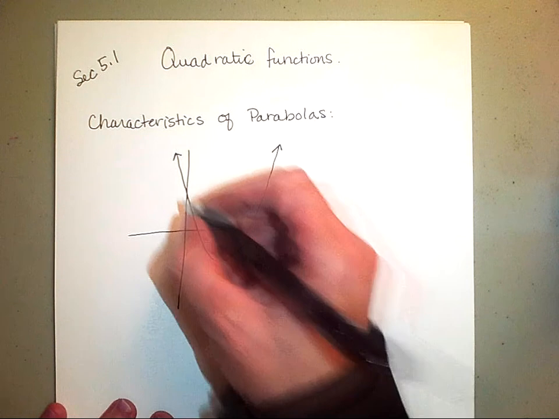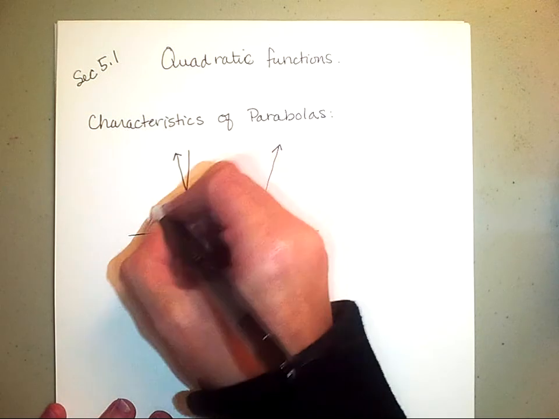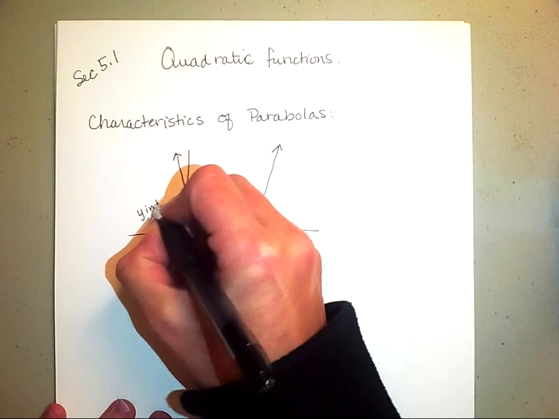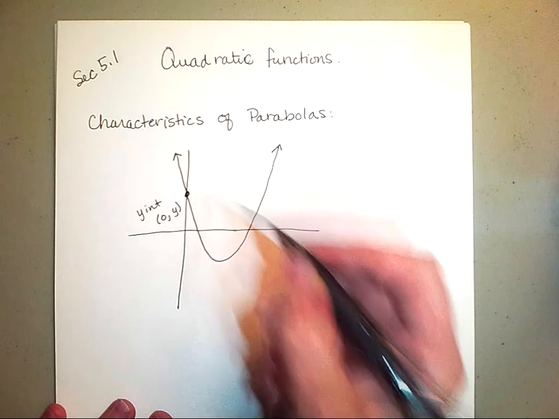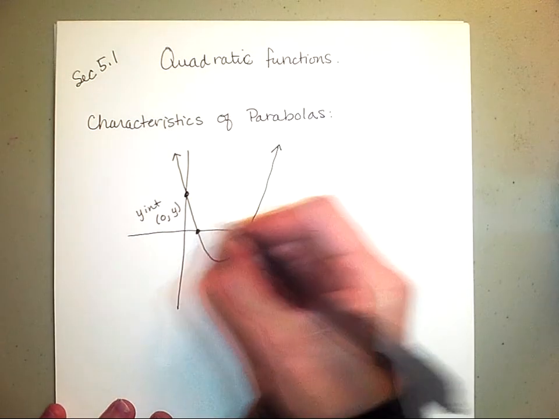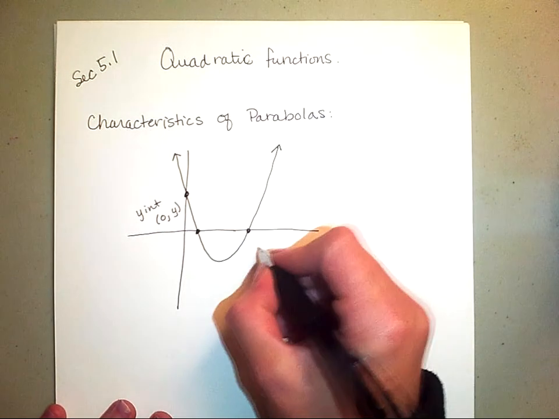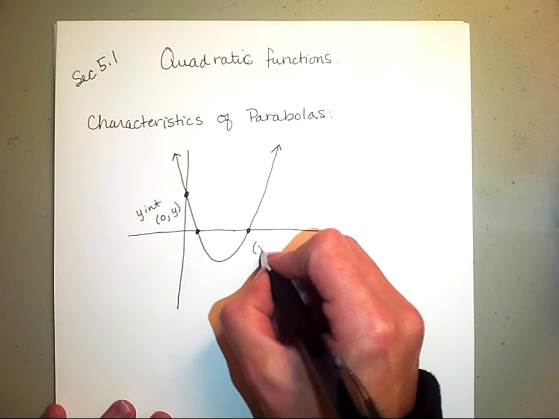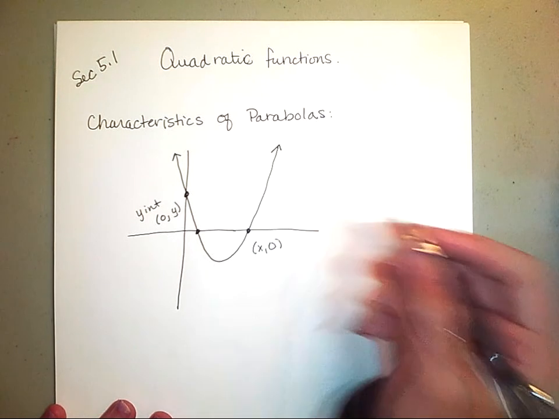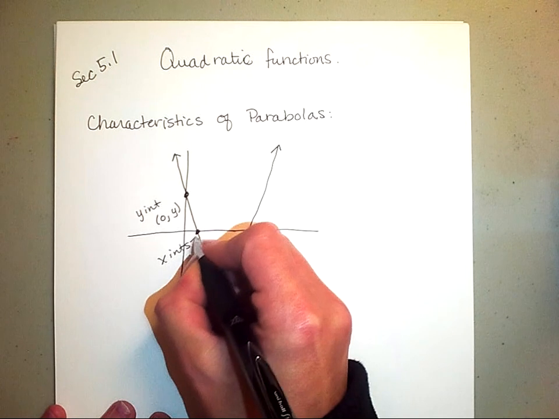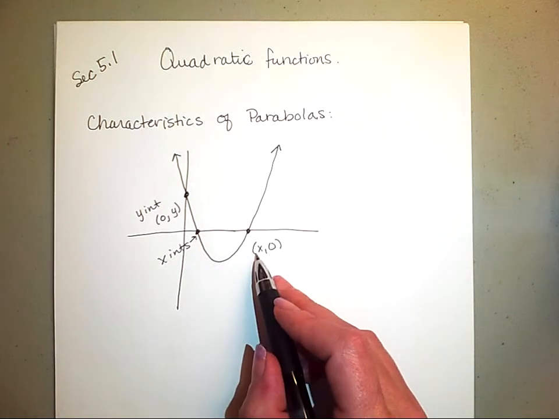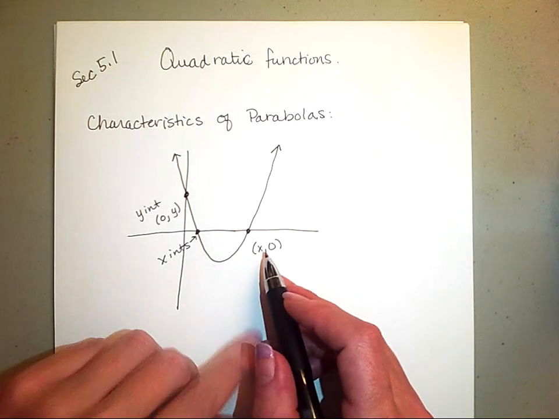There's key points on any graph. This point would be the y-intercept. Okay, it would be an ordered pair, some 0, comma, and then a y value. Okay. These would be the x-intercepts, okay, and they're going to come in the form of some x, comma, 0. And these are the x-intercepts. Right. And these could be irrational. Okay, they don't have to be nice even numbers.